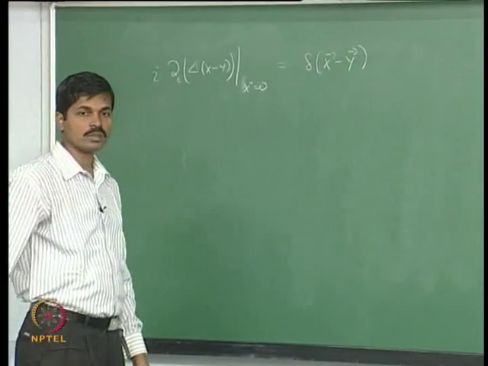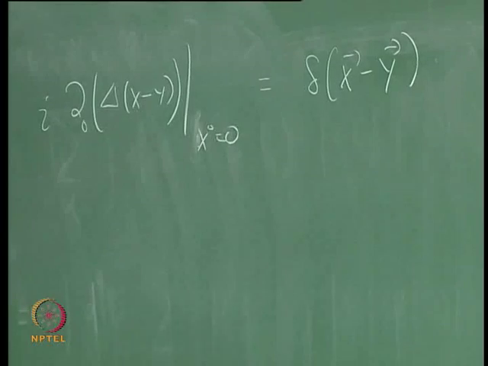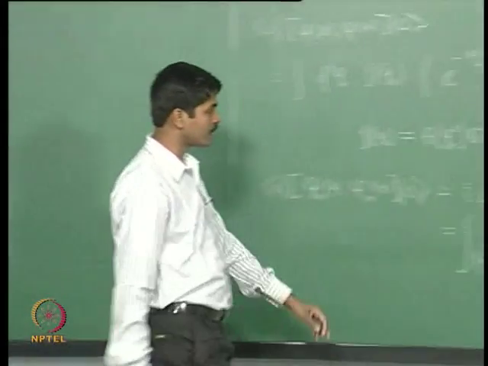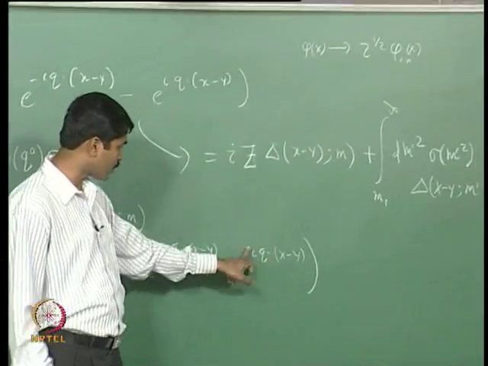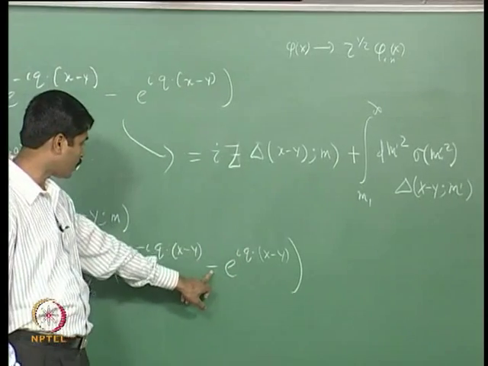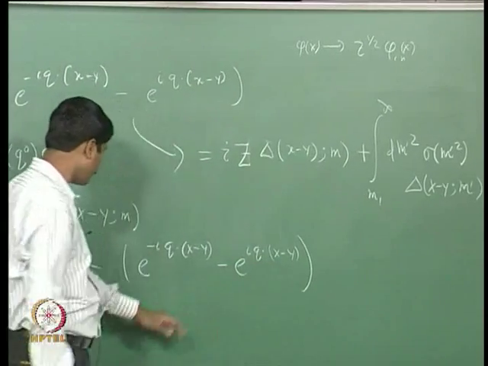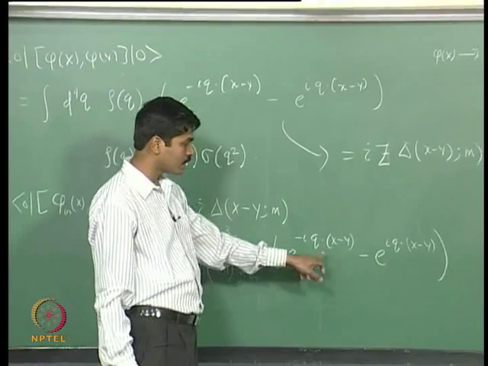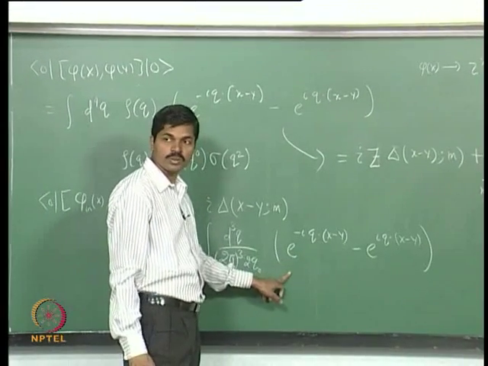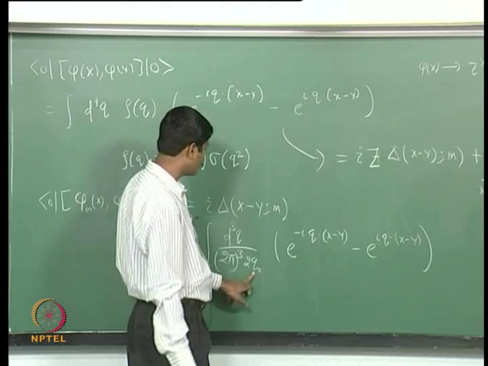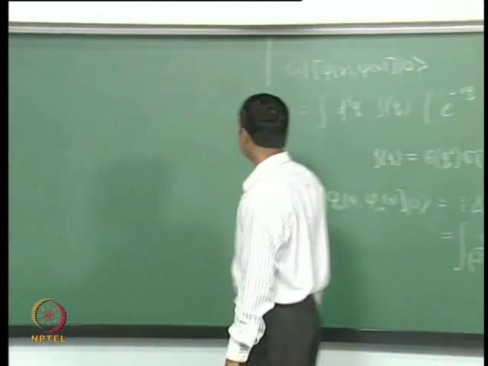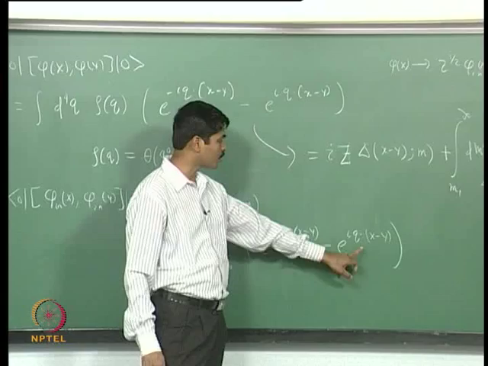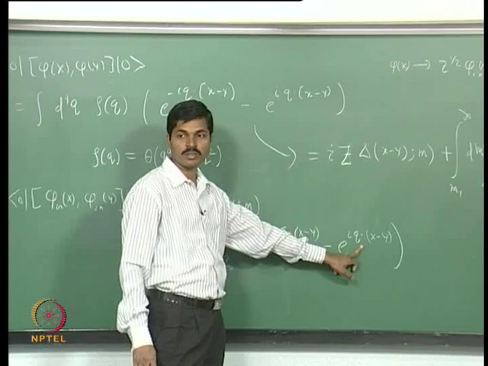This is clear, because in this differentiation, because of this minus sign here, you will get one minus sign, both these terms add up, and that cancels this factor 2. The differentiation gives you a q0, that cancels this q0, and you can make a change of variable from q to minus q in the second term.